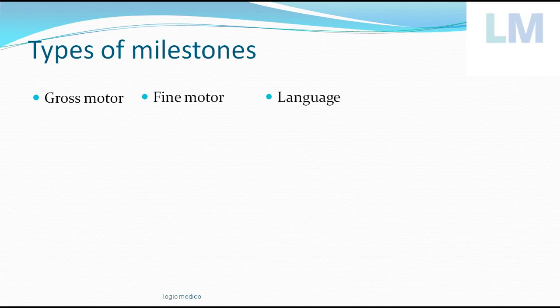Language is for communication purpose, how the child goes from cooing to communicating mama, papa, dada, that is language, and it becomes adult language. Ultimately it's able to communicate with proper meaning. Then social skill, how the child interacts with the other peers, with the parents, with the grandparents, with the siblings. That's the social and adaptive skill of a child. So these are the types of milestones which we should know.